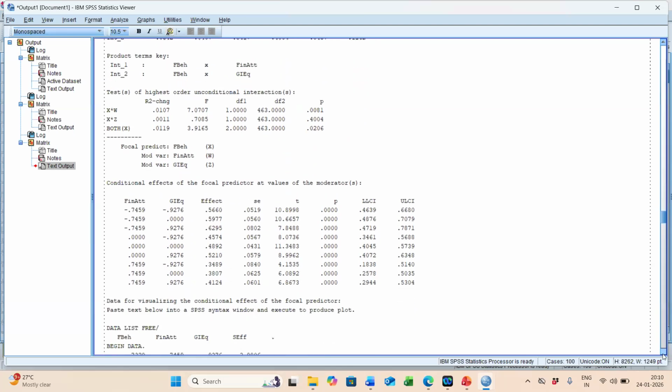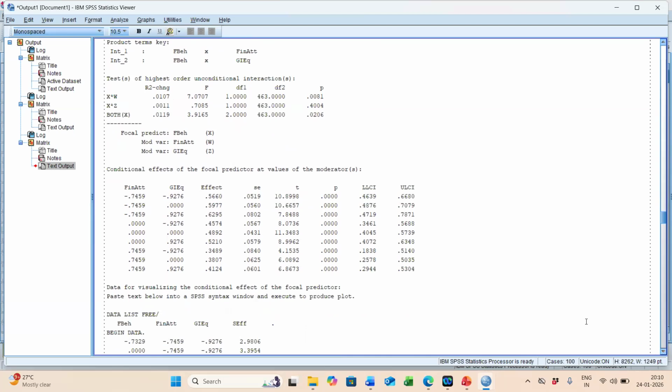As in the case of the last one, we have conditional effects of the focal predictors. First of all, we can see the lower levels of financial attitude and different levels of gender equality. In the last case, at the lowest level of financial attitude and lowest level of gender equality, the effect is 0.5660.